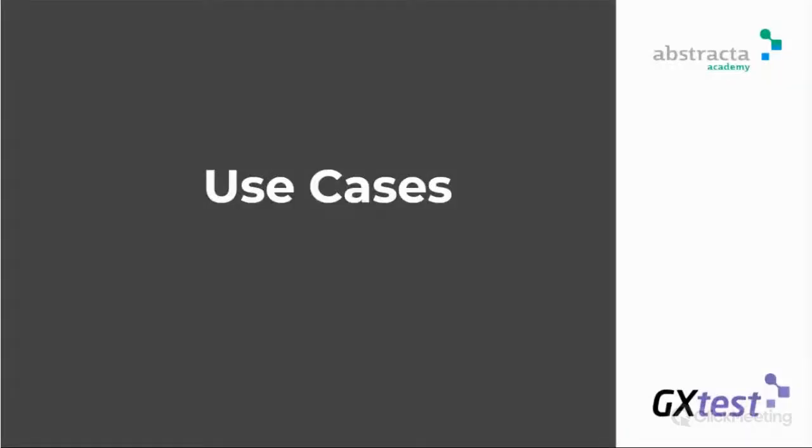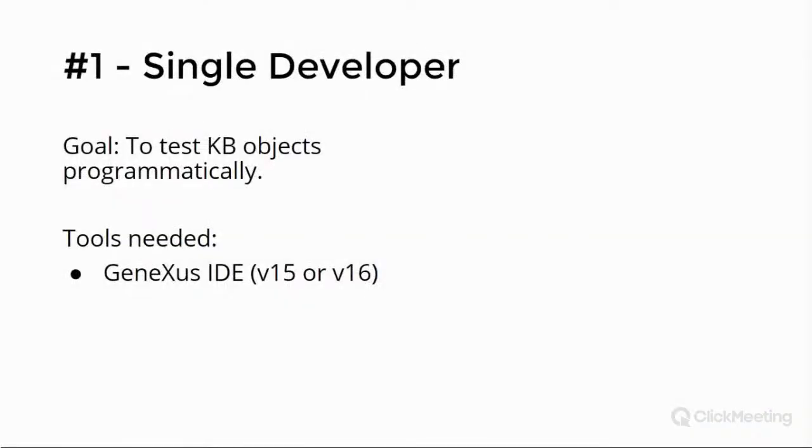So let's see the most typical use cases. Use case number 1 is the typical scenario where a developer just needs to test their own objects. Instead of creating procedures and web panels, populating table data every time a new modification is made, they can just create unit test objects and test the code.